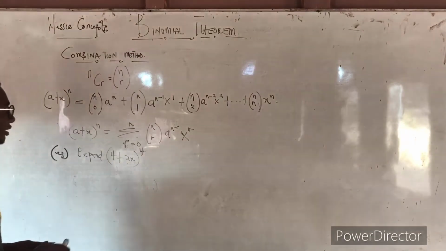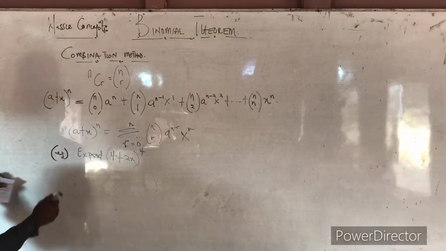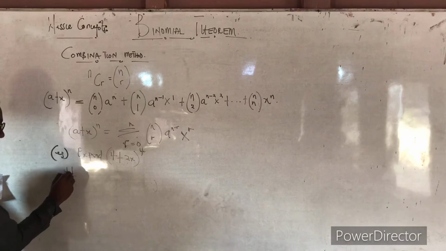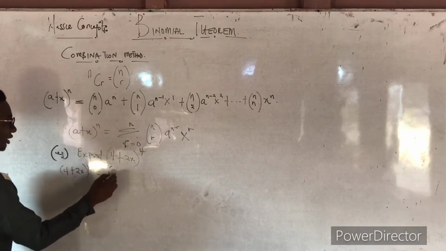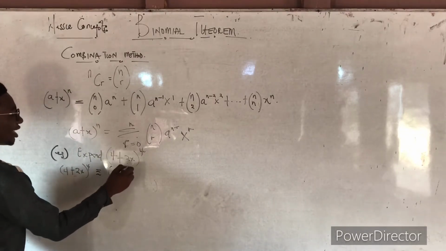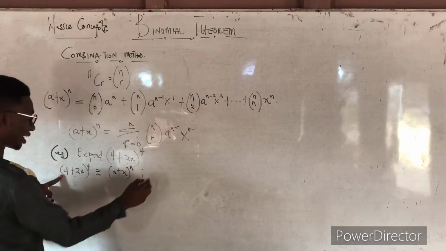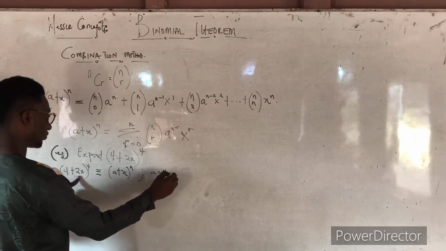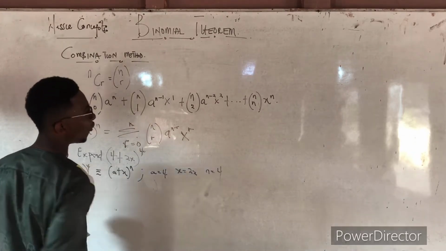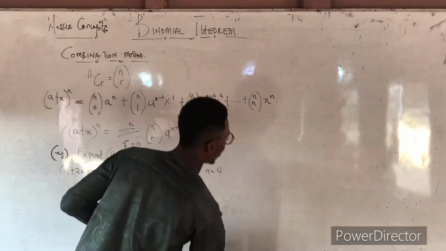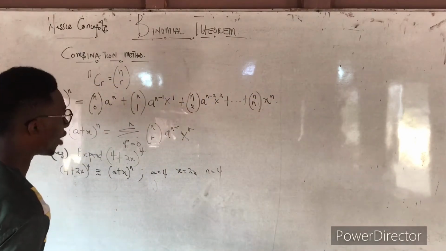How do you go about expanding 4 plus 2x exponent 4? It is identical to a plus x exponent n. So therefore, from here you can say that a is 4, x is 2x, and n is equal to 4. If we have this, then it's good for us to go.